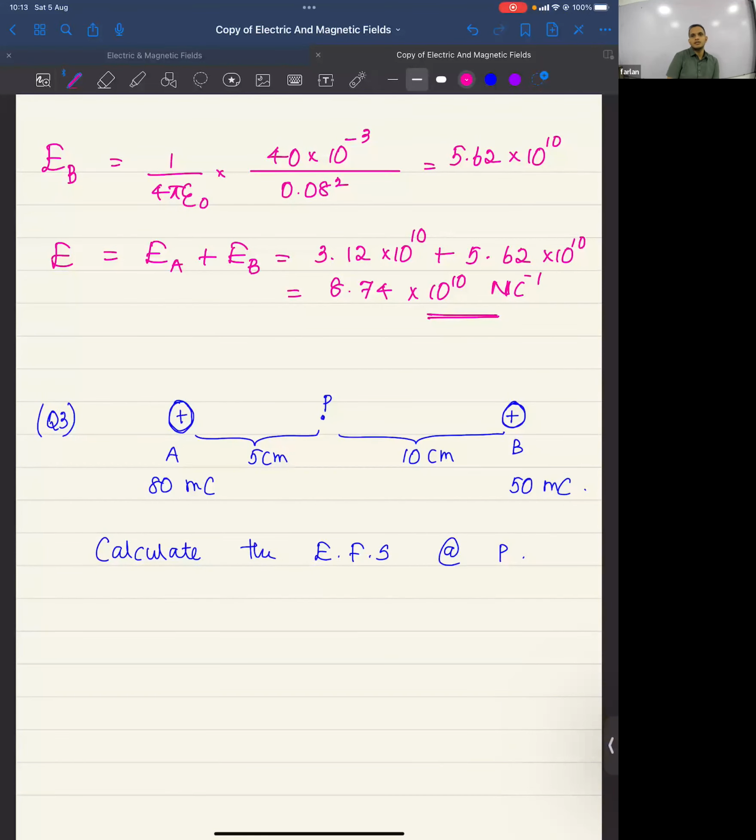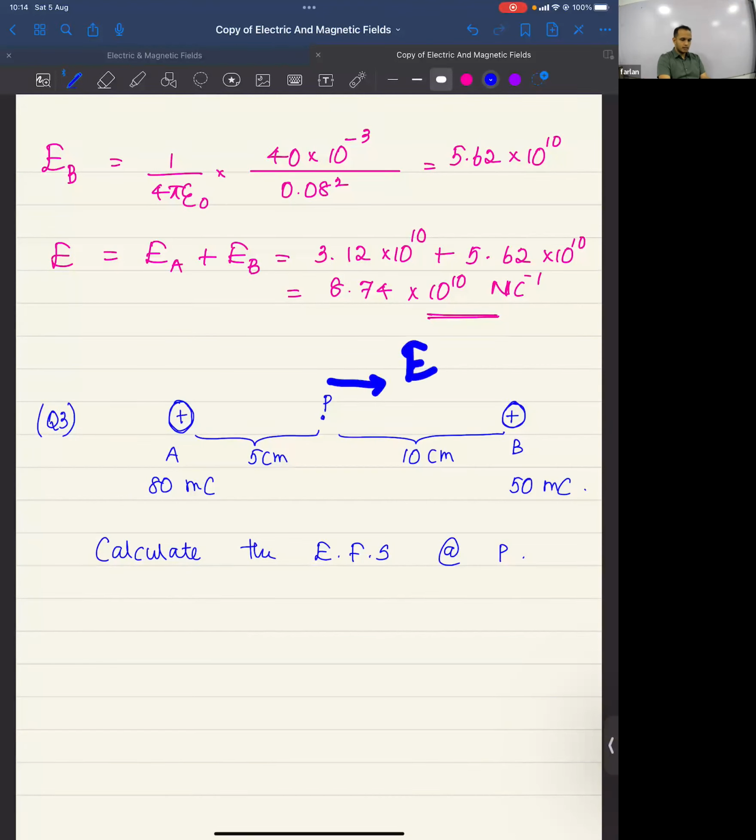Right? You tell me. Okay. You tell me. Due to charge A, the electric field strength at P is to the right or left? To the right. Due to charge A, the electric field strength is to the right.